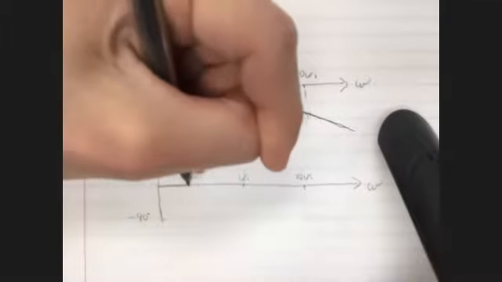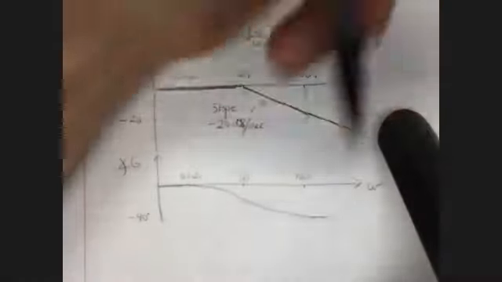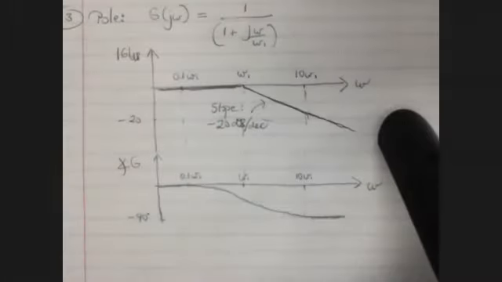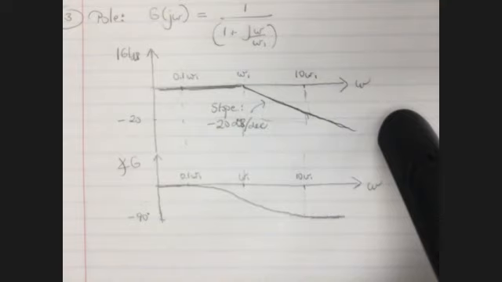Then it's going to start to kick in at this point, and then it kind of levels out there. It levels out like that, at negative 90.